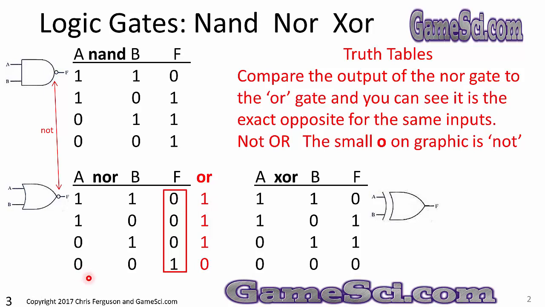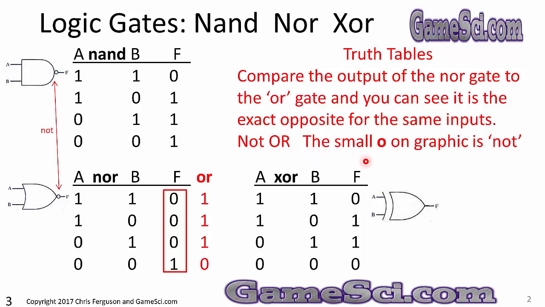With two false inputs, the OR gate would output a 0. So the not OR, or NOR gate, outputs a 1. Wherever the OR gate outputs a 1, the not OR gate outputs a 0. Wherever the OR gate outputs a 0, the not OR, or NOR gate, outputs a 1.